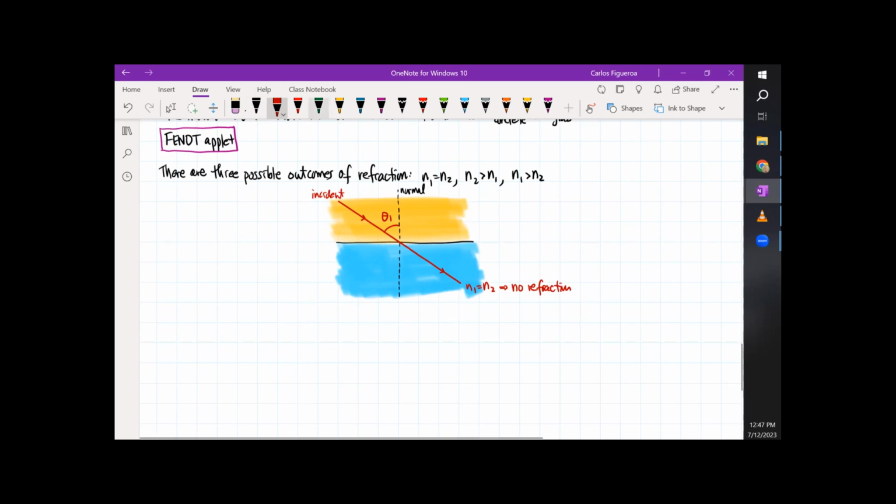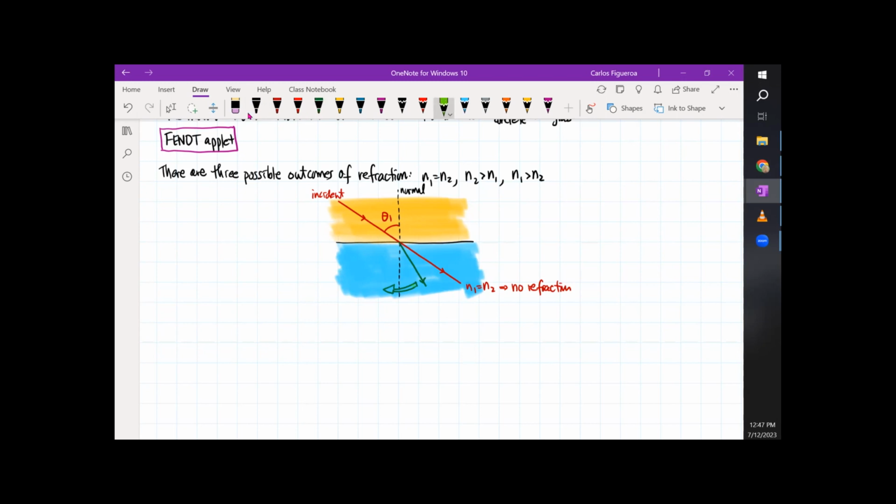Now let's look at the second one. So if I have an incident ray and the ray bends down like this, the first thing that you should note is that this ray is moving towards the normal.